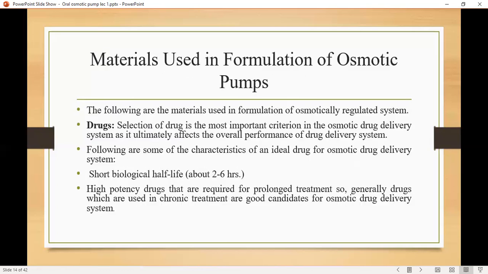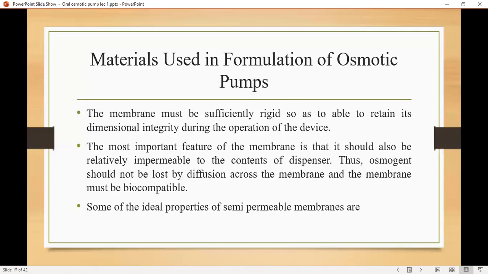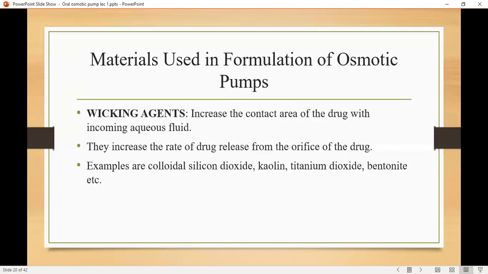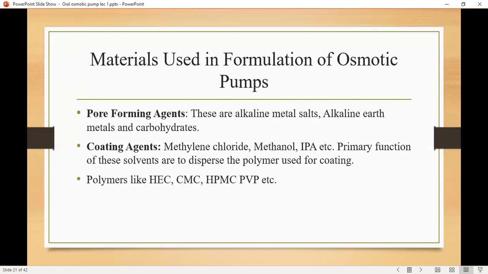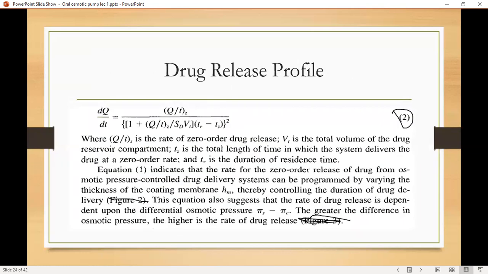First was the drug selection, then osmotic agents, then semi-permeable membrane, and then wicking agents, pore forming agents, and coating agents. Students, the simple idea is that we can formulate drugs in this novel dosage form in order to get the controlled release of the drug.